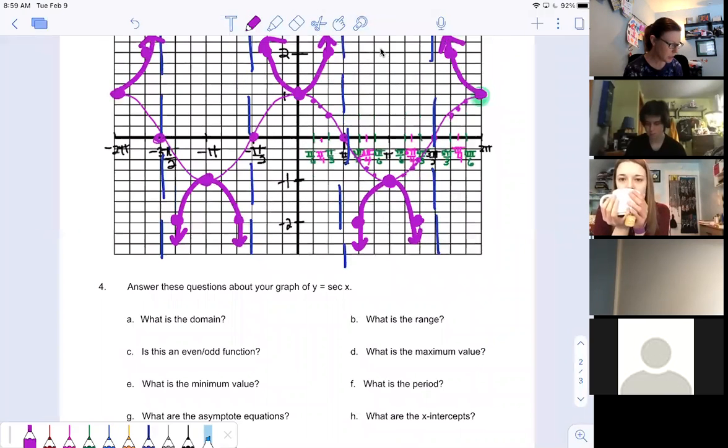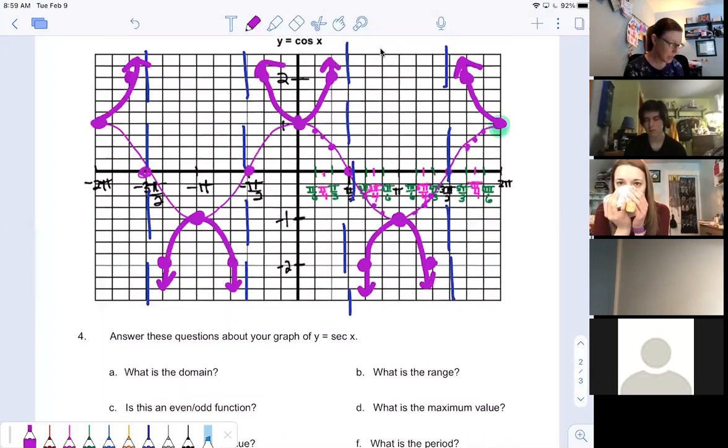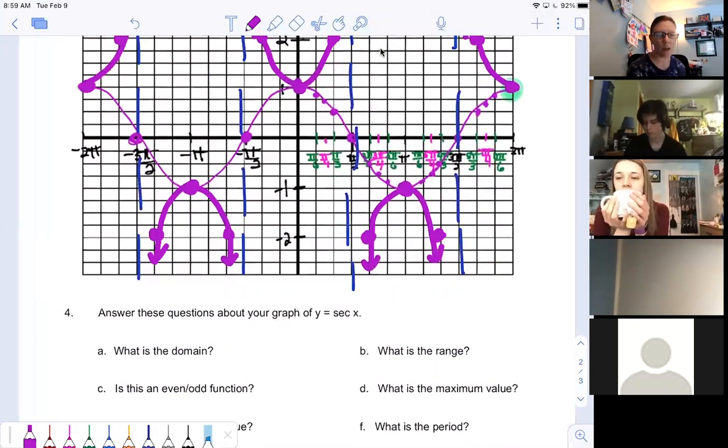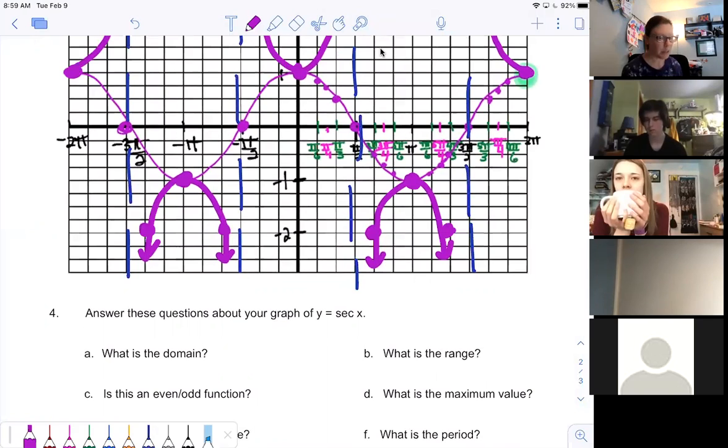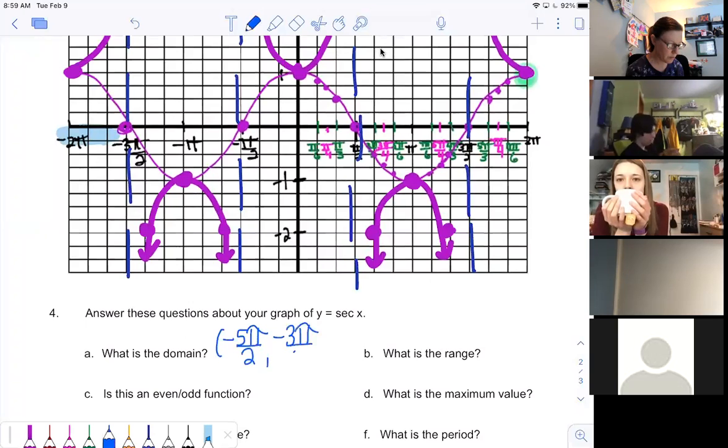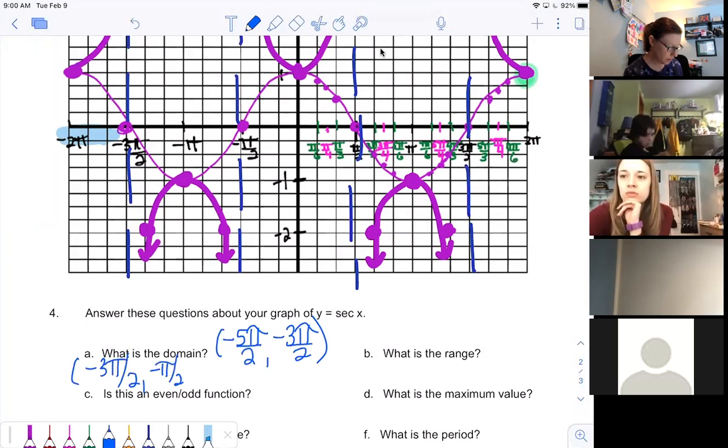But just to talk about these, when we're looking at the domain, it would go from one asymptote to the next, and because the left side of this graph does start at -2 pi, but we're kind of missing half of it, you could say the domain is actually going to go all the way over to -5 pi over 2 to -3 pi over 2, because there is going to be an asymptote at every pi over 2 location. And then I would have -3 pi over 2 to -pi over 2, and so on.